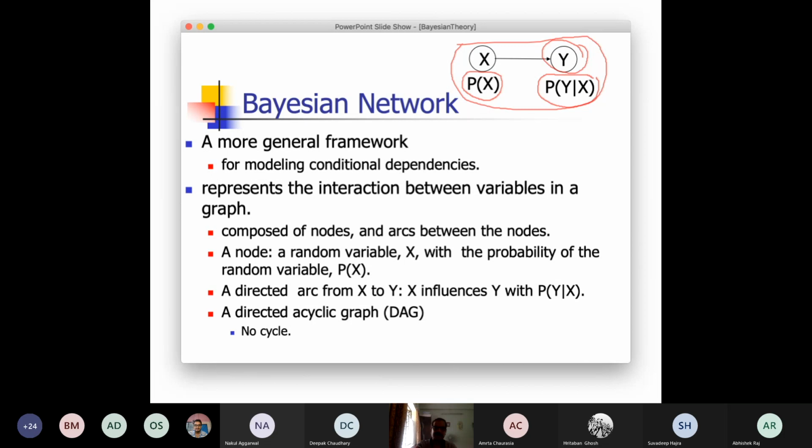That is not required, and it is sufficient to represent the joint distribution. So the topology, called structure, and these probability values, probability of X and probability of Y given X, may be a set of values, because depending upon the number of values the random variable can assume, the number of parameters will also vary. If it is a continuous case, then of course the probability distribution has to be represented in a different form.